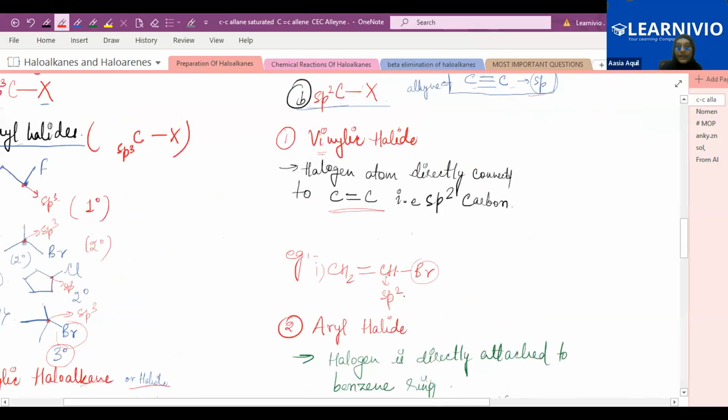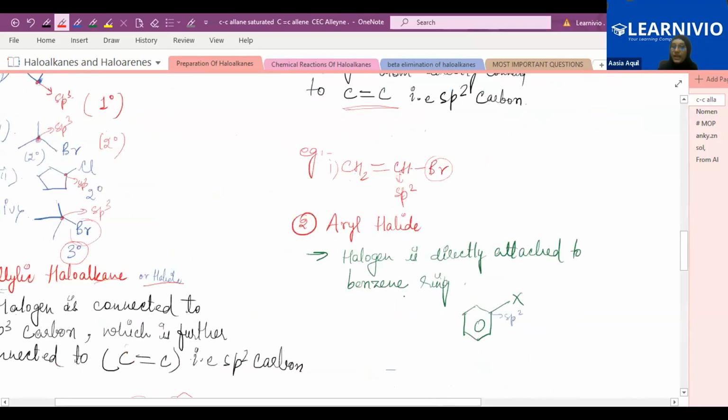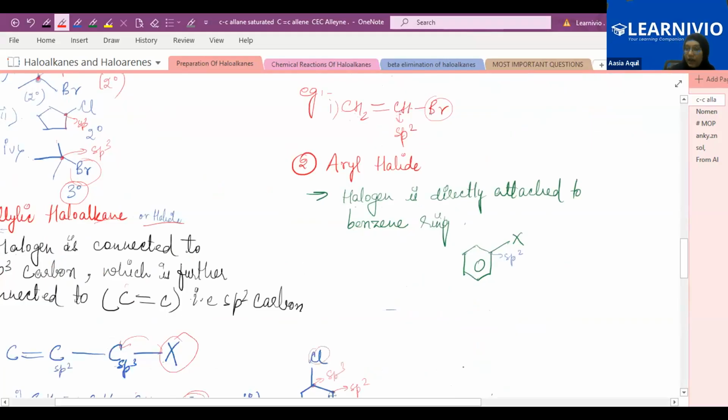Second, aryl halide. Already we have discussed what is aryl halide or haloarene. Haloarene and aryl halide are both the same, right? When the halogen is directly attached to the benzene ring, it is known as aryl halide or haloarenes.